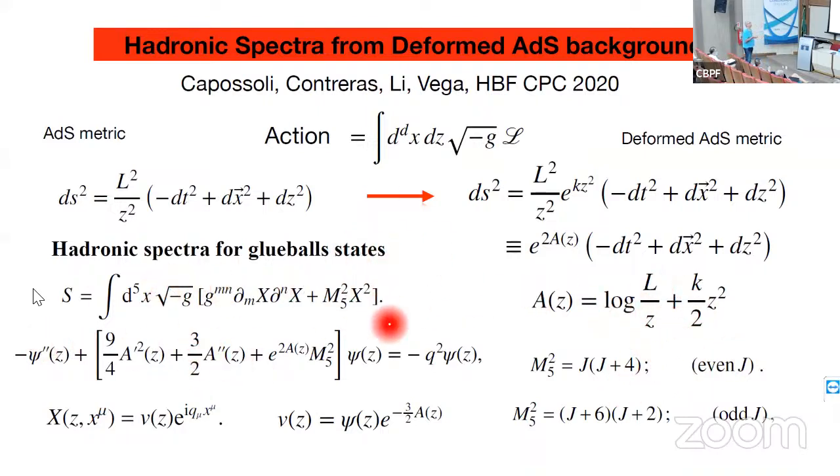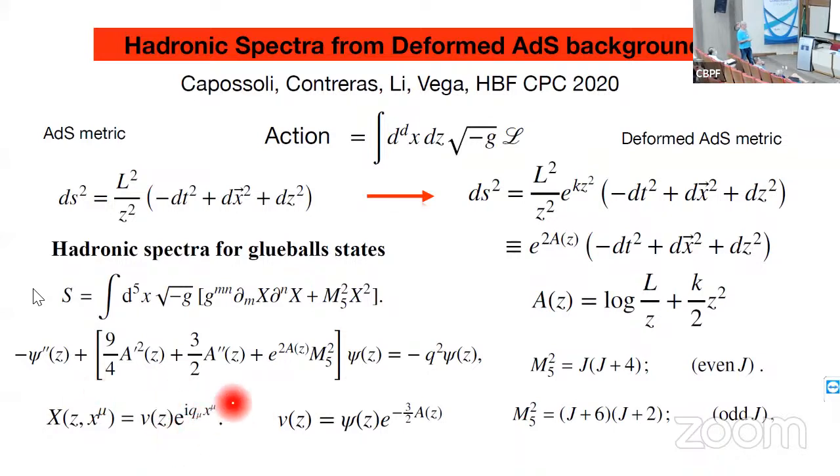For instance, if we start with glueballs, which is not the most interesting case but is an example here, we just put the Lagrangian of a scalar field. Using these functions, we can find the equation of motion in terms of A, and you can find solutions in 5 dimensions for the fields.